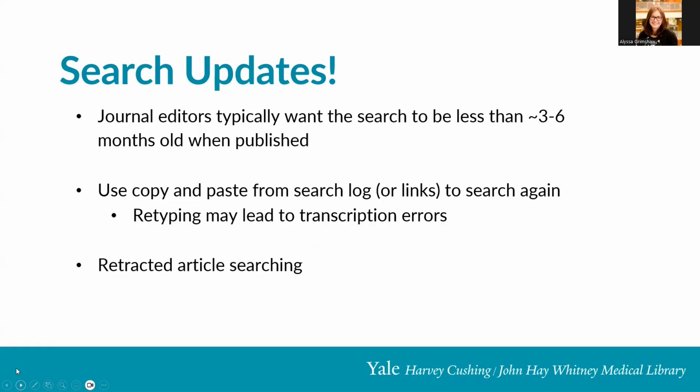Also, I'm just going to add it in here. I probably should have it on its own slide. Here at Yale, we encourage peer reviewing of a search strategy. So all of our searches are peer reviewed by another librarian, and that reduces human error in the original search.